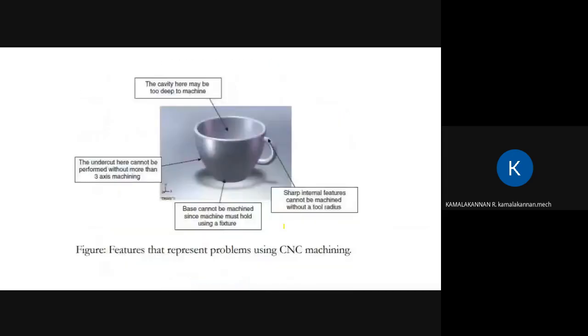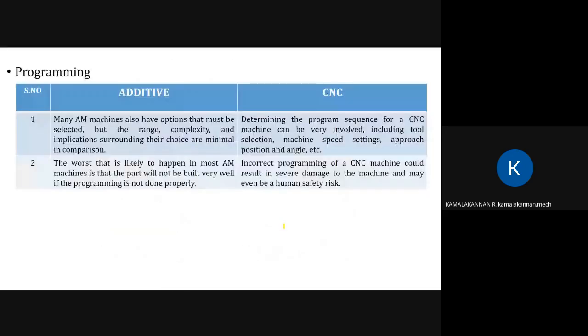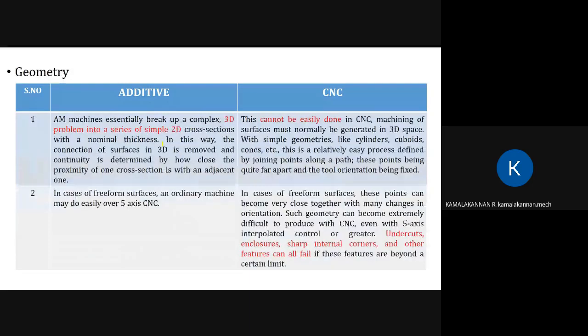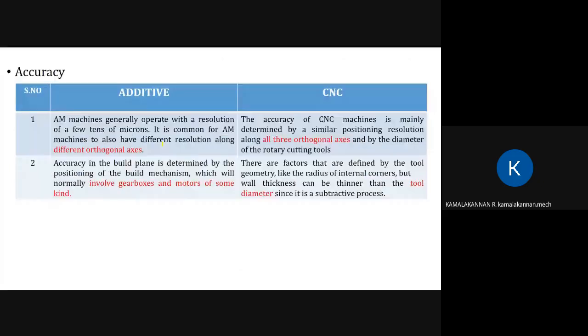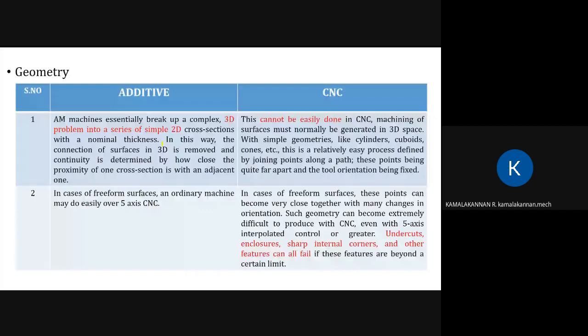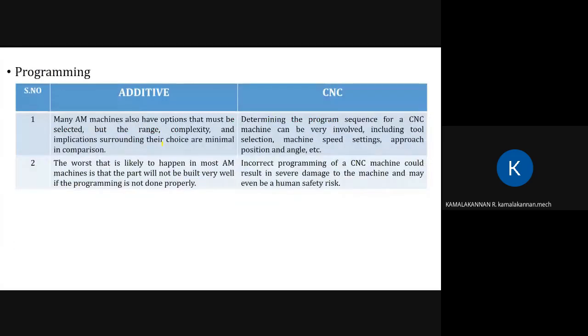We again saw the comparison of additive manufacturing and CNC in 5 different areas: material, speed, complexity, accuracy, and geometry. After that, we compared programming. In almost all areas, additive manufacturing will win. Only in a few things will CNC win over additive manufacturing.